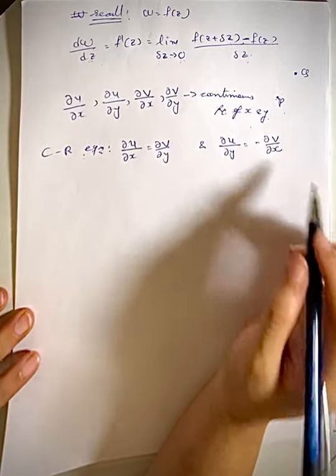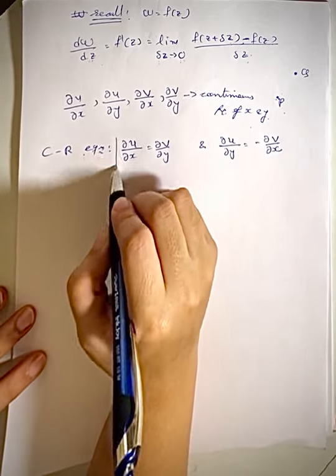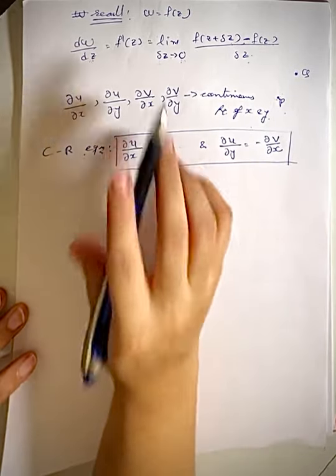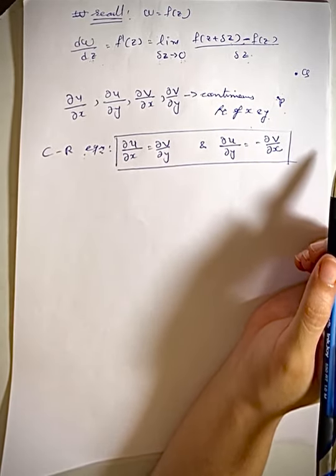These are the necessary and sufficient conditions for the derivative of the function to exist.